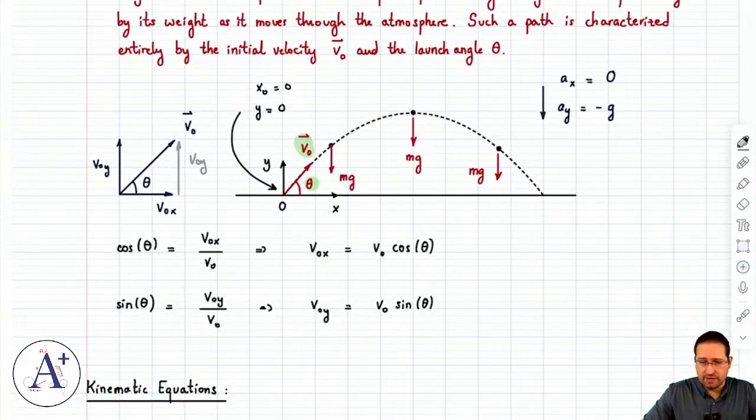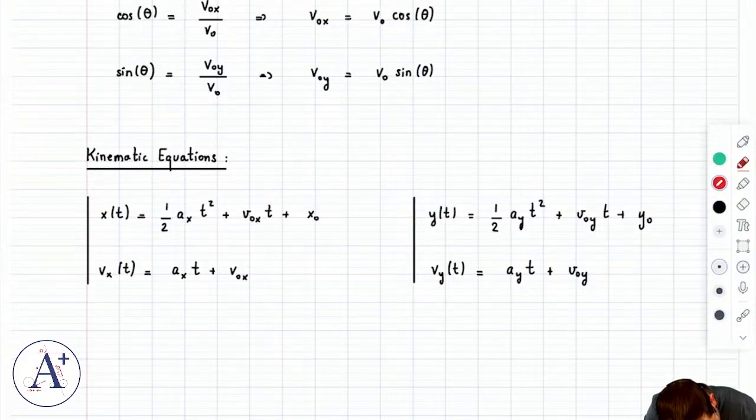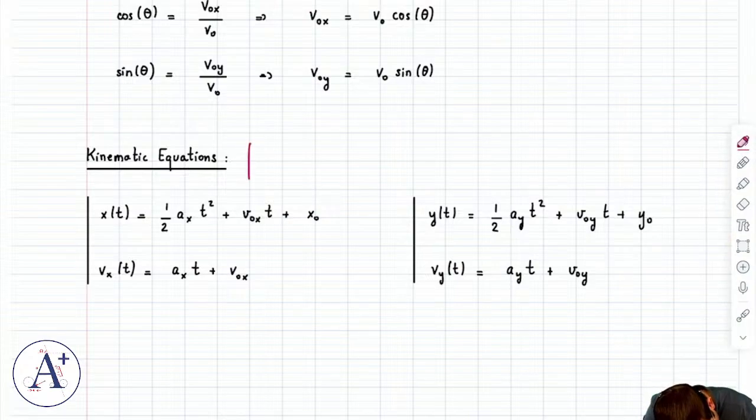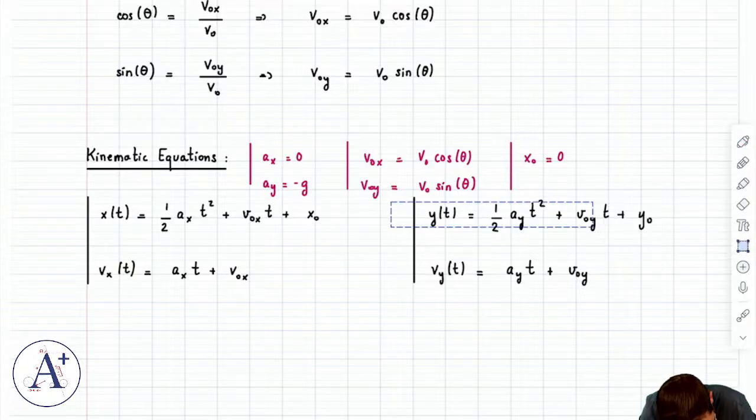Okay, well, with all of that, I have ax equals 0, ay is equal to minus g, v naught x is v naught cosine theta, v naught y is v naught sine theta, and x naught is 0, the same as y naught.